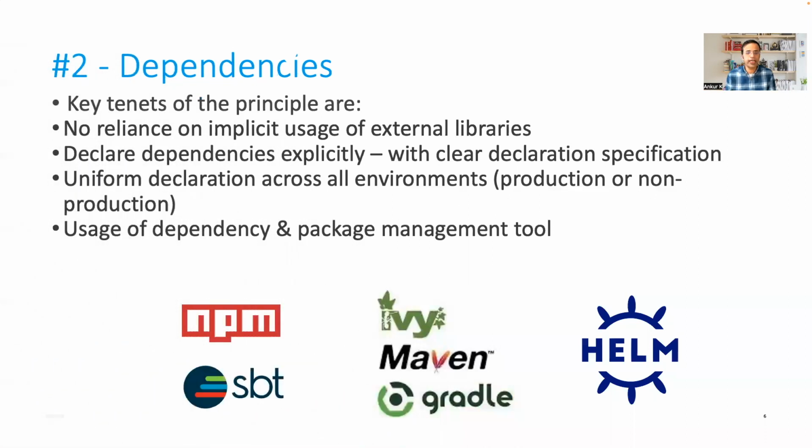In order to do that, the second principle is about dependencies, which is again a very key part of it. Make sure you use a package management tool, such as Maven or Gradle if you're a Java developer, or NPM if you're a Node developer. What package management does is bring together all the packages and put them into the container.